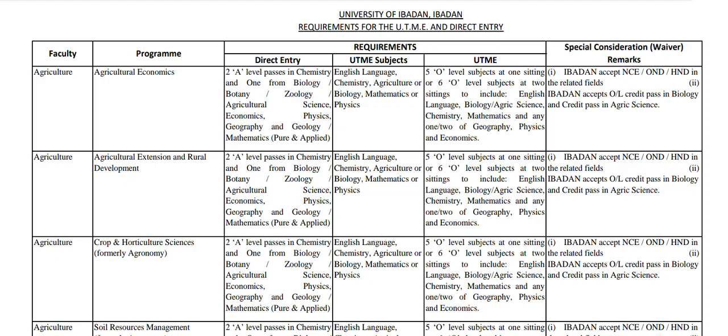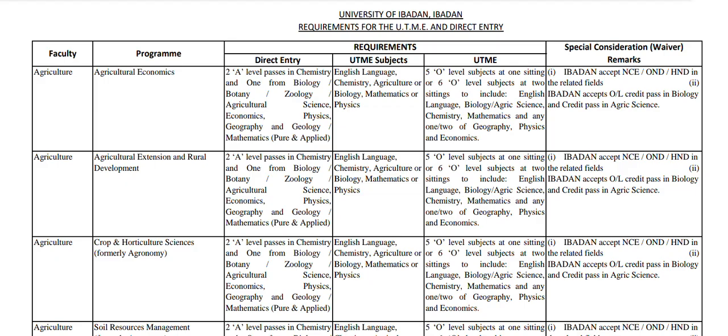The most important thing is that you must possess at least a credit in the relevant subject. UI is not concerned whether you have A's or B's or C's, but they are concerned that you have at least a credit.